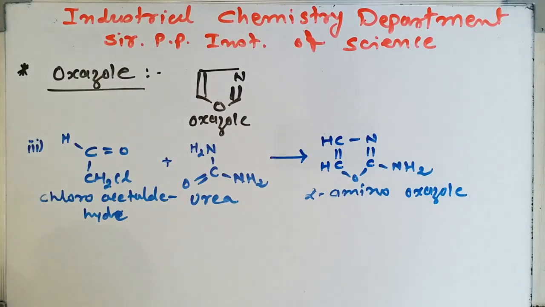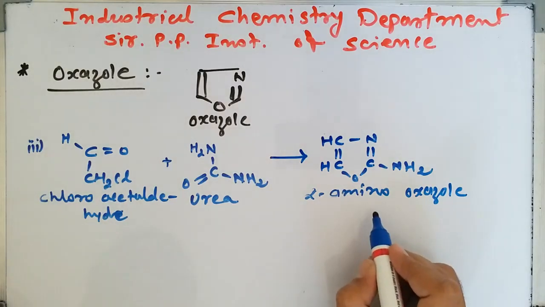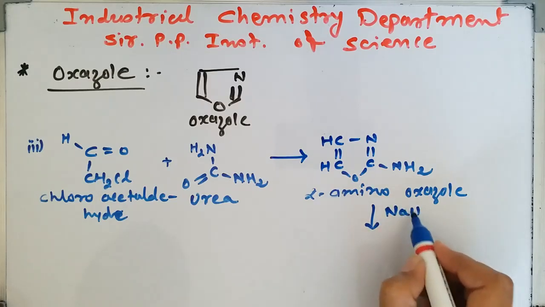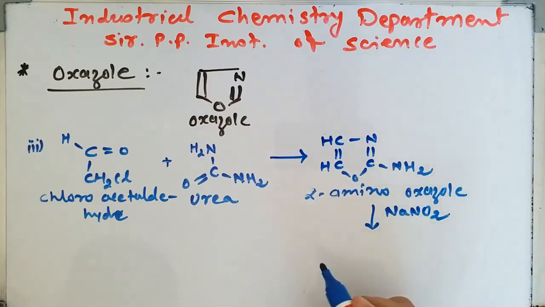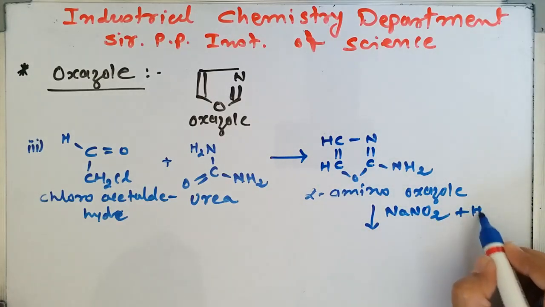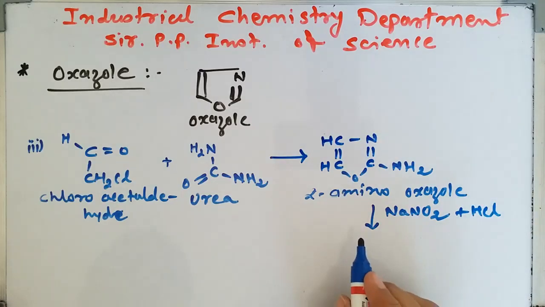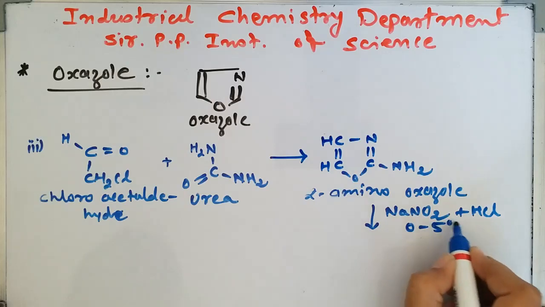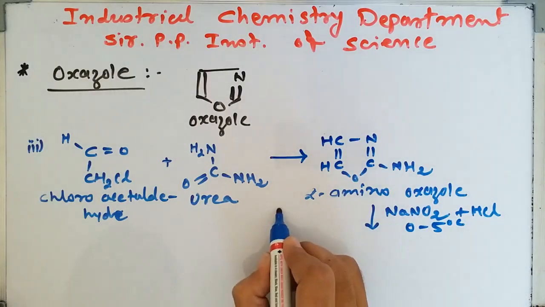And if we want to remove this amino group, then 2-amino-oxazole undergoes diazotization with NaNO2 and HCl, a mixture of hydrochloric acid, maintained at 0 to 5 degrees Celsius.